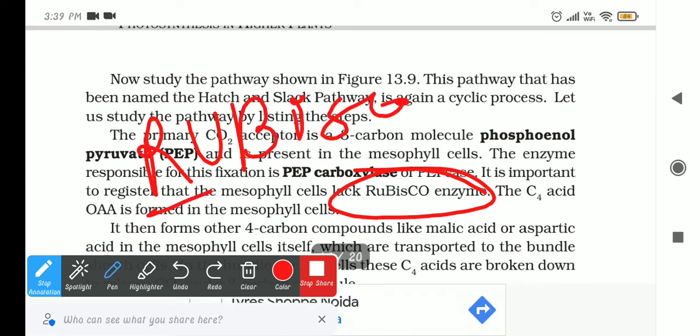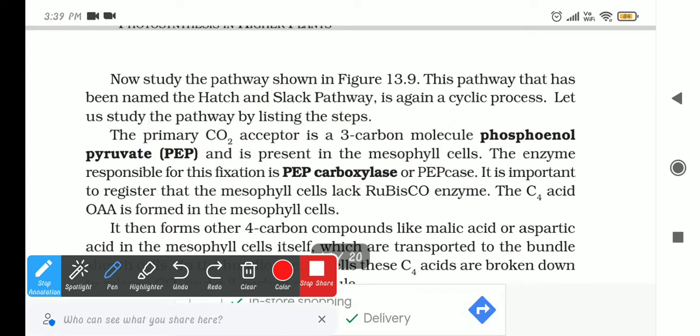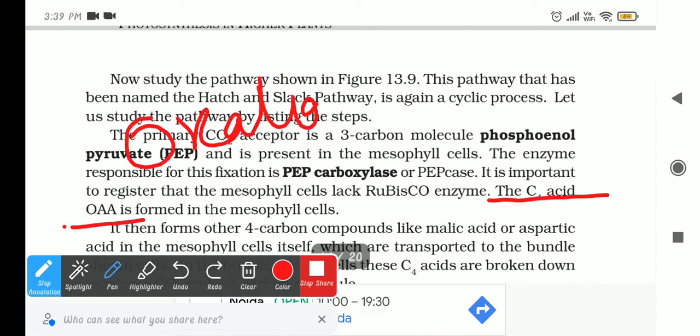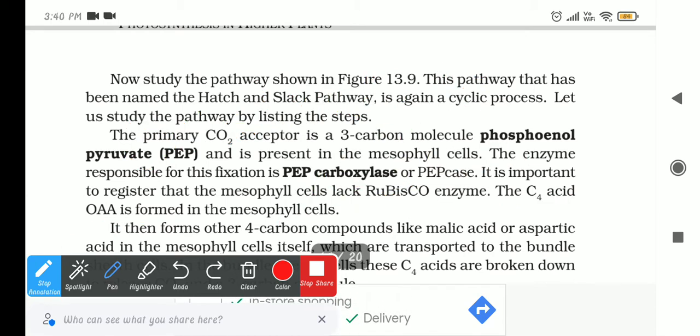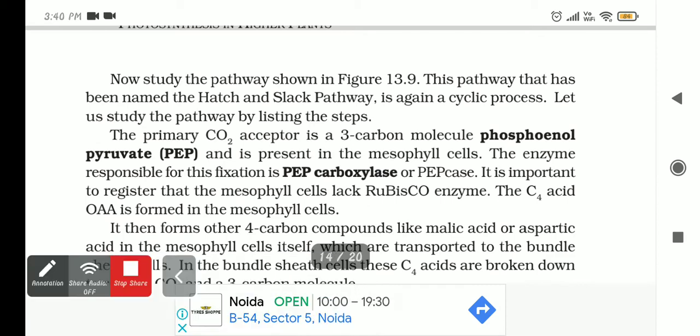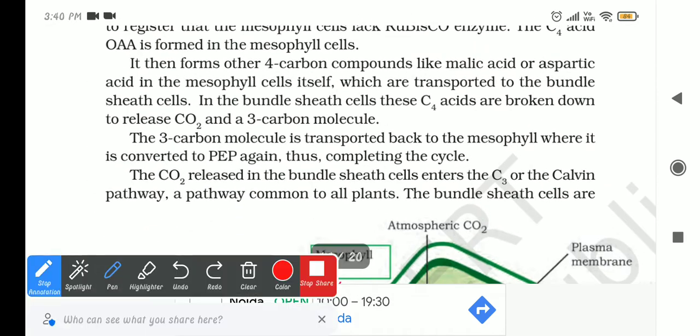Next, the C4 acid OAA, oxaloacetic acid, is formed in the mesophyll cells. Other four carbon compounds like malic acid or aspartic acid are also formed in the mesophyll cells, which are transported to the bundle sheath cells.